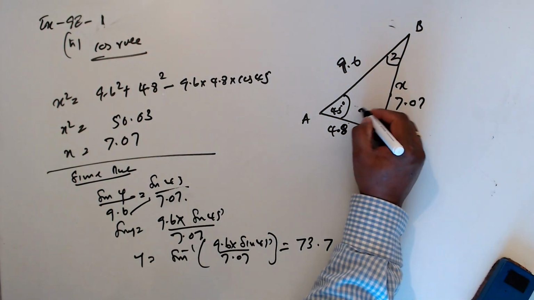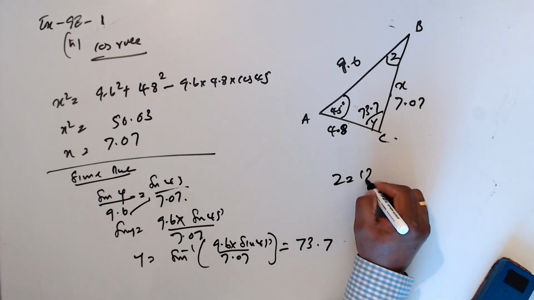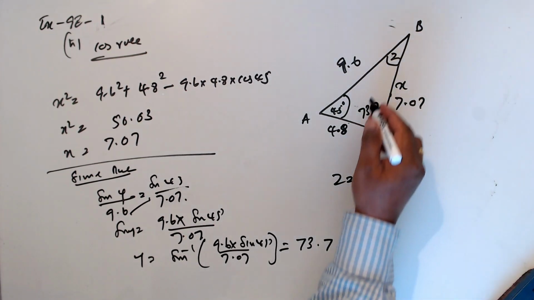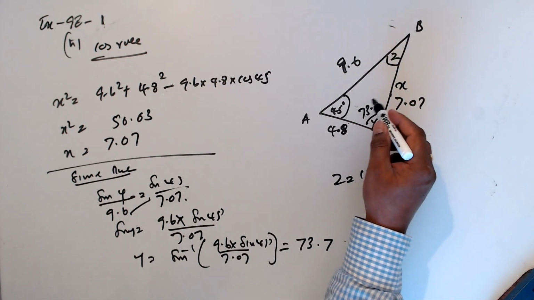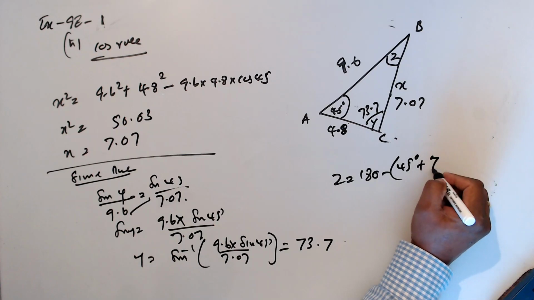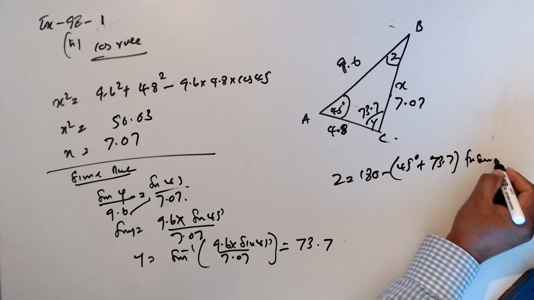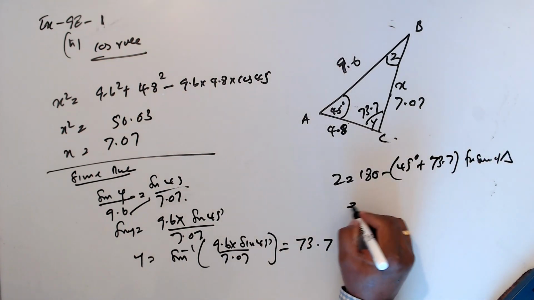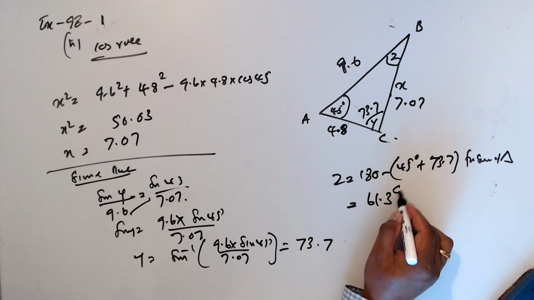So this is 73.7. Then z equals 180 minus 45 plus 73.7 from the sum of the triangle. So this is going to be 61.3.